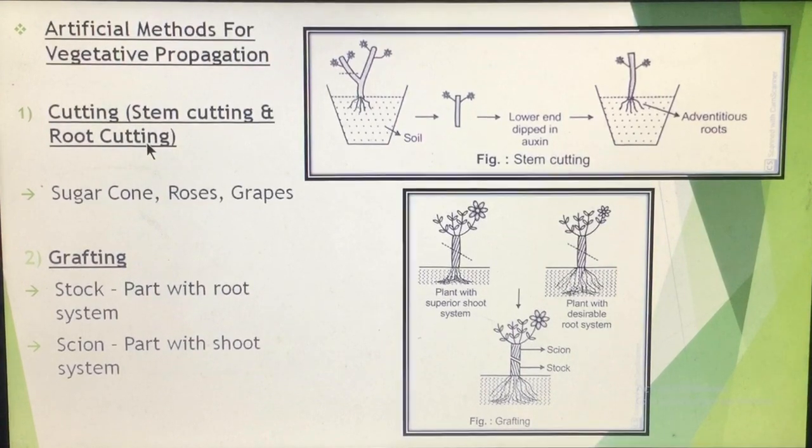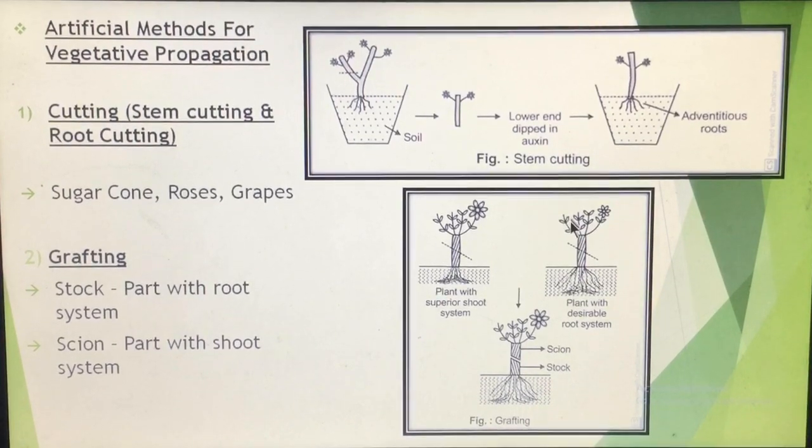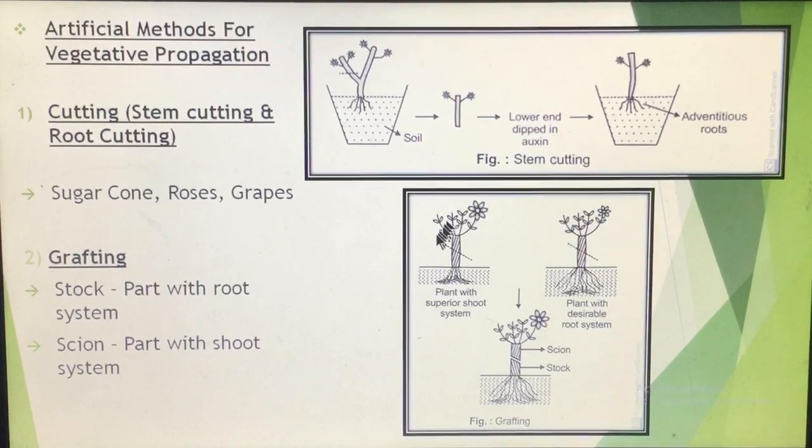Another very interesting artificial method for vegetative propagation is grafting. Now in grafting, two plants are there, like this is one plant and this is the second plant. In the first plant, the shoot system, meaning the stem and the branches and the leaves and the flowers and the fruits, that means the part of the plant which is above the soil, is known as the shoot.